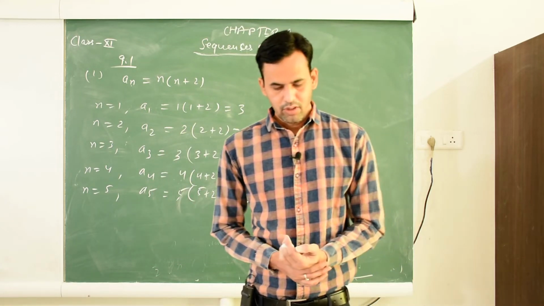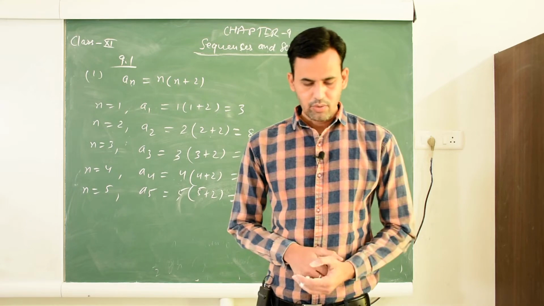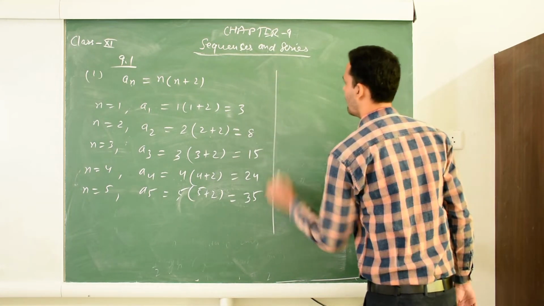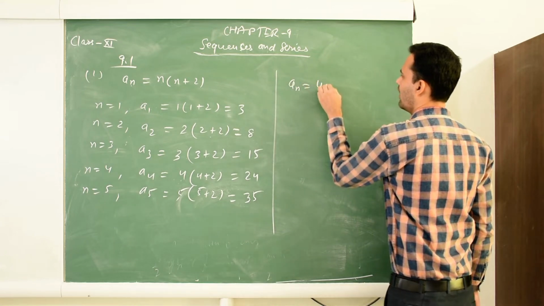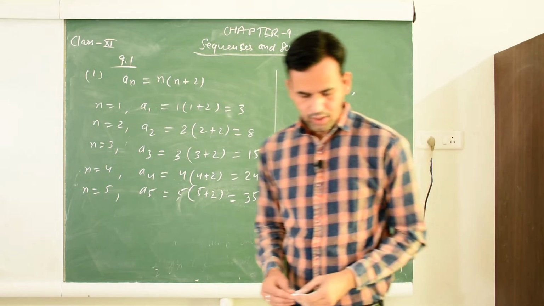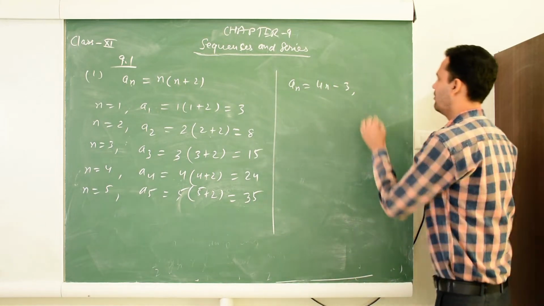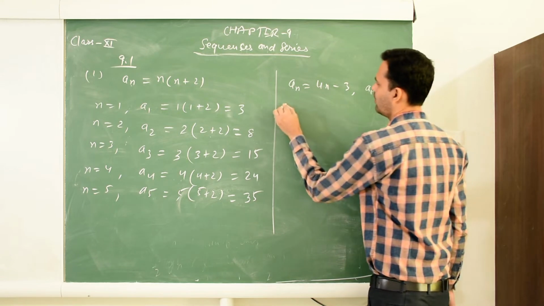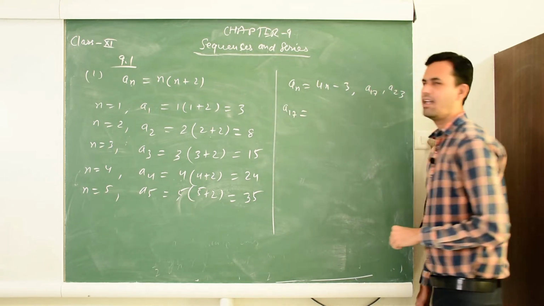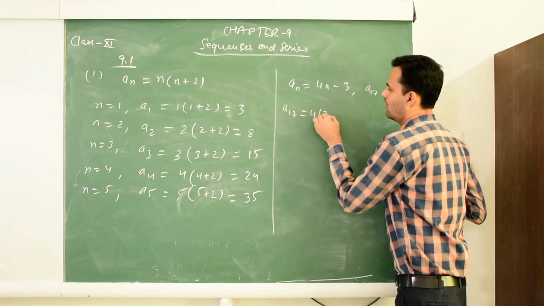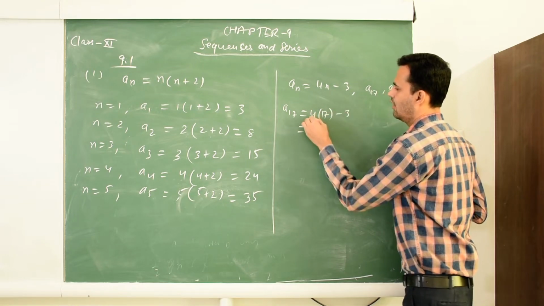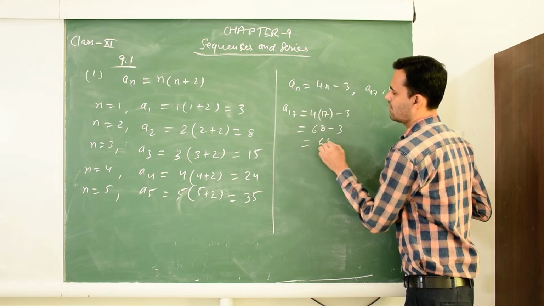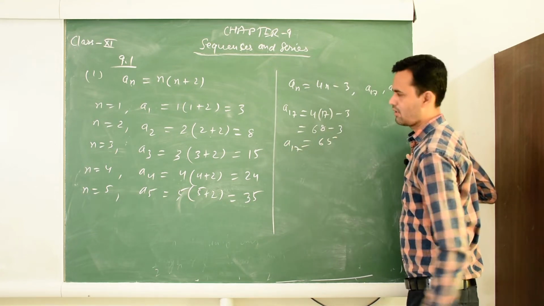Similarly, you can solve all of questions 1 to 6. Now question number 7: An equals 4n minus 3, and we have to find the terms A17 and A23. Simply put n as 17: 4 times 17 minus 3. 17 4s are 68, minus 3, that is 65, so A17 is 65.